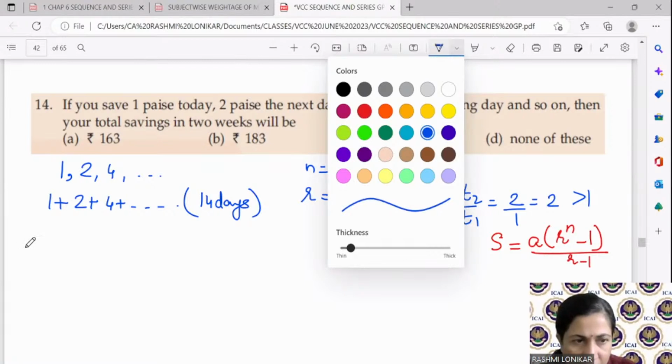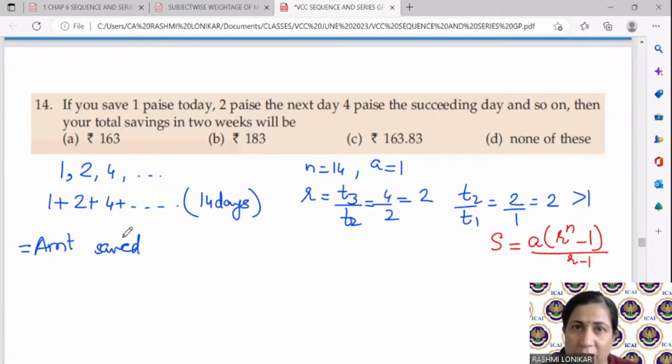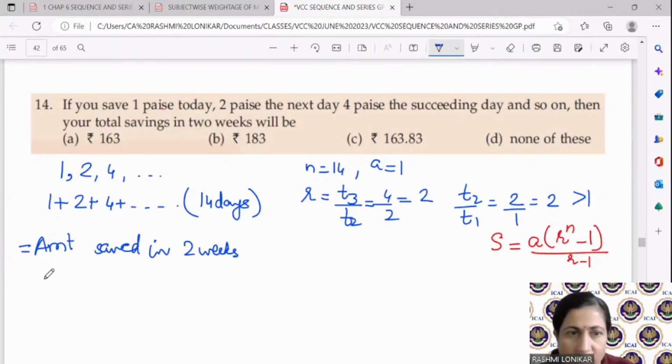These are word problems. It is actually the same thing as a numerical problem, but because words are given, I have to pay attention and take out the information, like 2 weeks is 14, so N is 14. So the amount saved in 2 weeks: A is 1, R is 2.